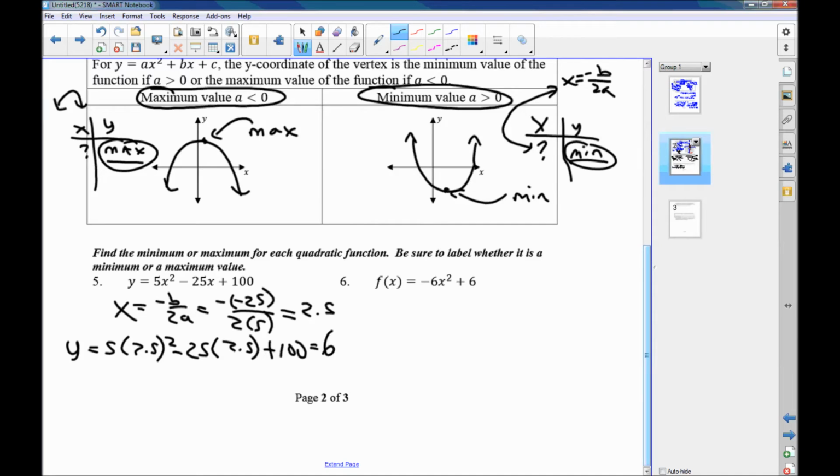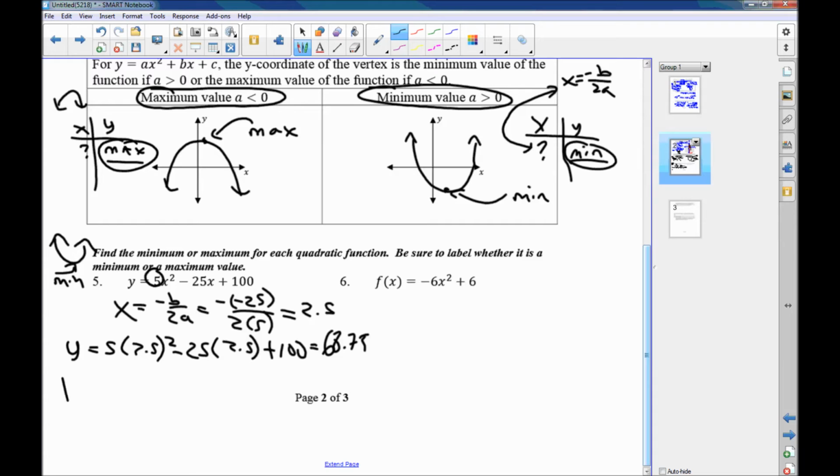Now we're not asked to graph this, so this isn't bad. So now this 68.75 is either going to be a minimum or a maximum. Well, how do I know? The a value is positive, so this parabola is a happy face. So this means we're going to have a min.